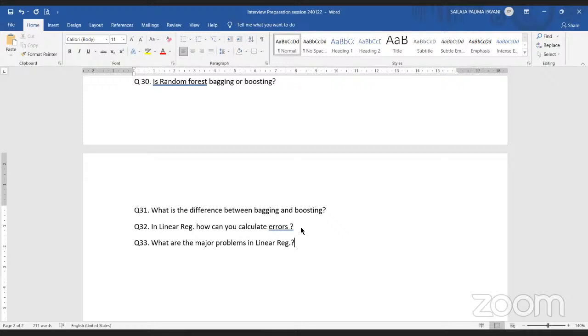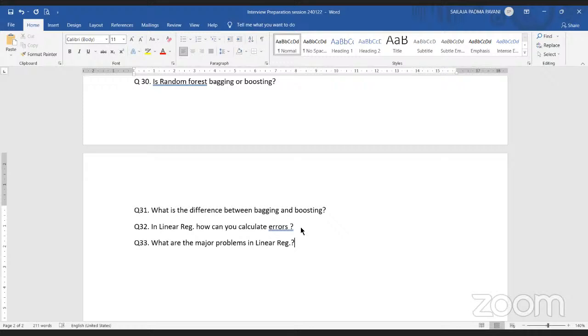I am not getting any response from your side. Why so? Non-linearity means the relationship between the response values and the predictor values.